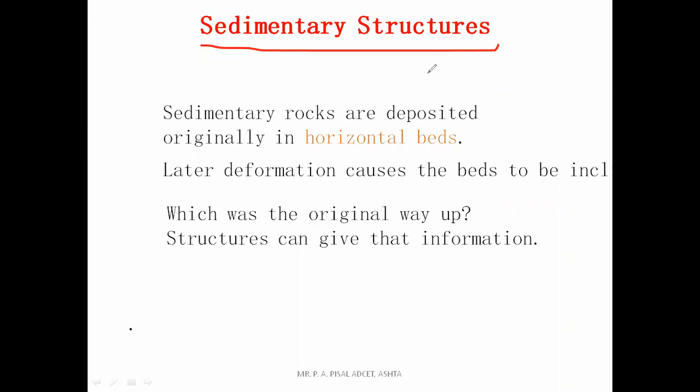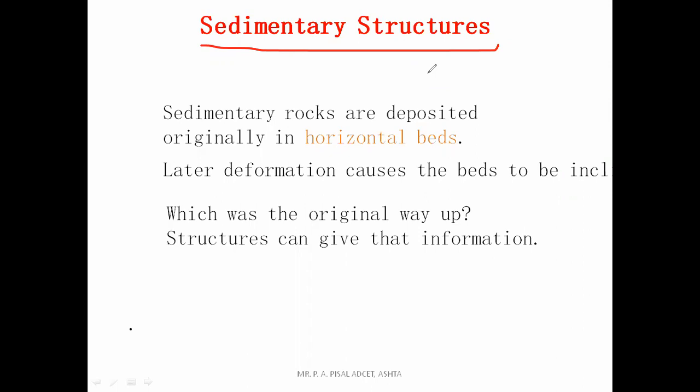A feature which is megascopic, which means we can see it easily with our eyes, is considered a structure. In igneous rock we discussed various structures like columnar structure, vesicular, amygdaloidal structure, flow structure, ropey structure, etc.